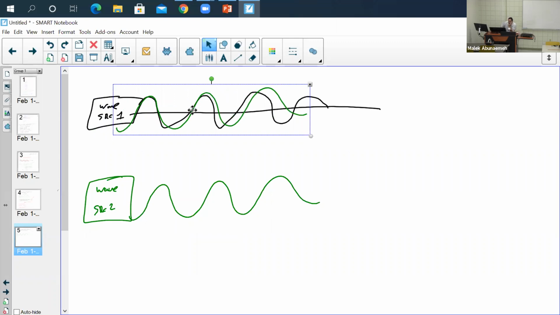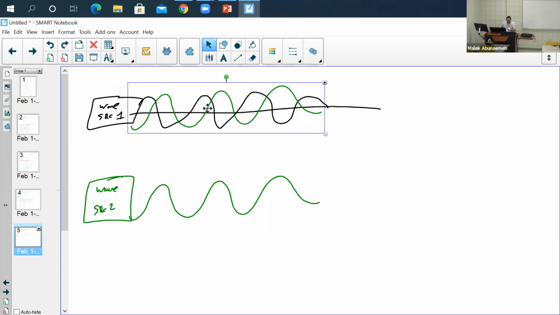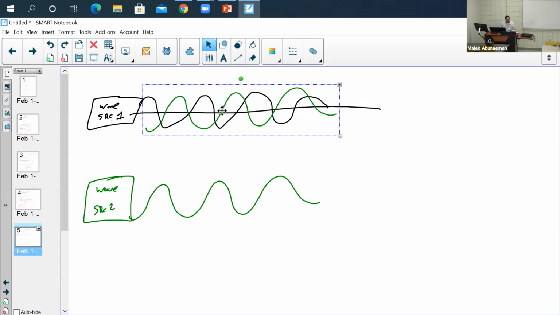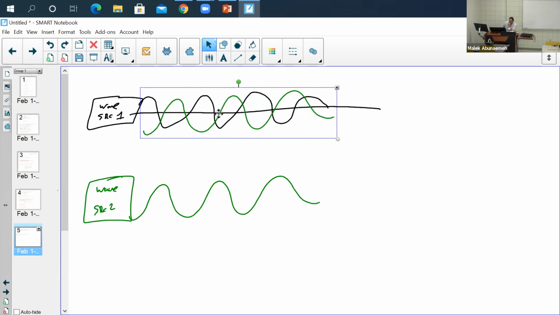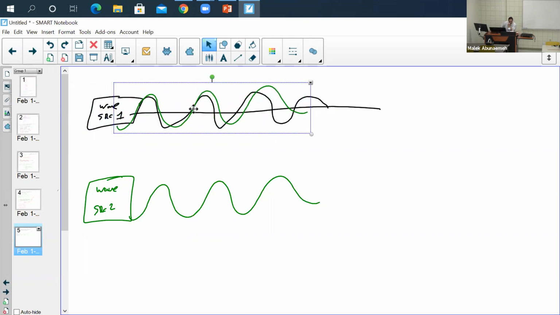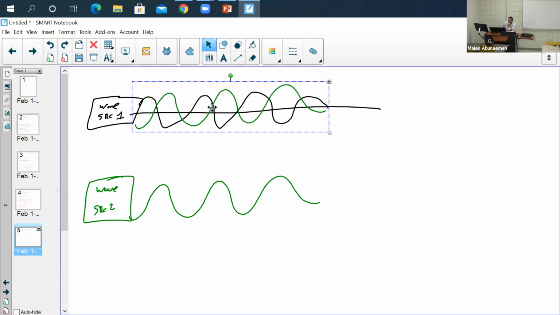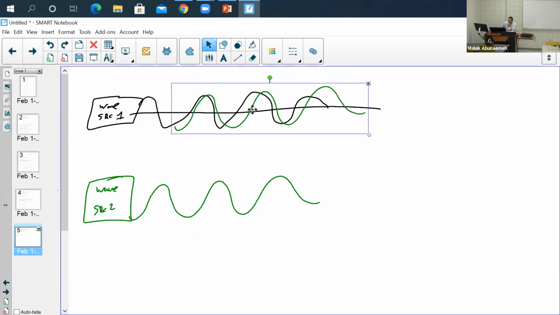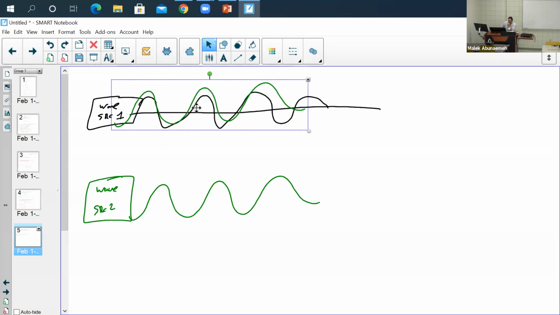Well, if they overlap on each other coming up from the same source, you're gonna have a constructive. If you go half a wavelength, it's gonna be destructive. If you go in again, it will be constructive. So notice if you go one wavelength, you're gonna have a constructive, and then you're gonna have destructive. Another wavelength constructive, half a wavelength destructive.